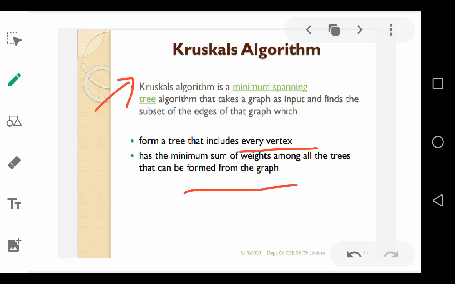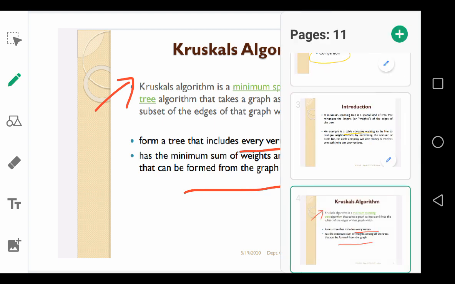This algorithm provides the minimum cost edge that has to be selected, but whatever minimum cost edge we are selecting, it is not necessary that it should be adjacent.